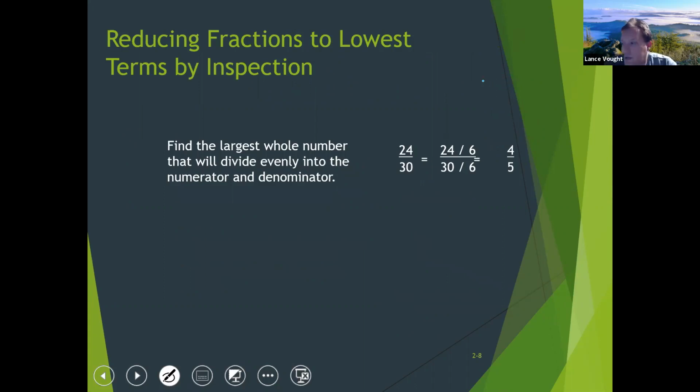So again, here's where we go with simplification processes. If we have a fraction like 24 over 30, we can conclude that it can be simpler than that, because 24 can be divided by 2, 30 can be divided by 2. 24 can be divided by 4, 30 can't be divided by 4. 24 can't be divided by 5, 30 can be divided by 5. 24 can be divided by 6, and 30 can as well.